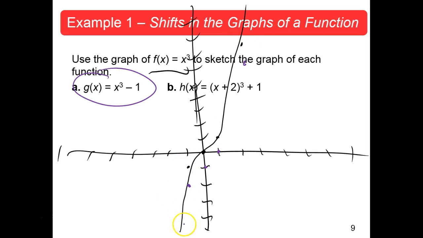The one down there we can't even see, so it's like this. It's just like it, if I could draw, but shifted down 1. That's your g of x. Since you already had those points, just take each one of them down 1, down 1, down 1. And you got it.